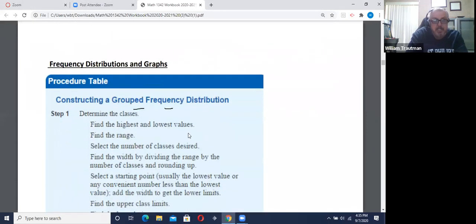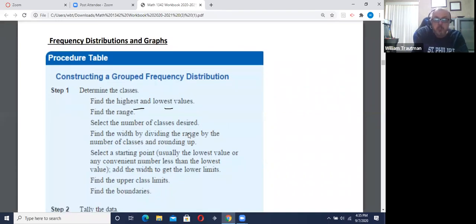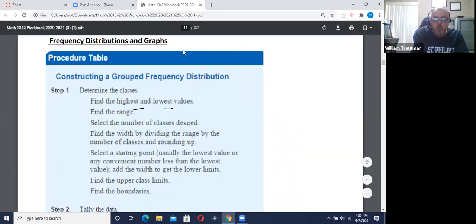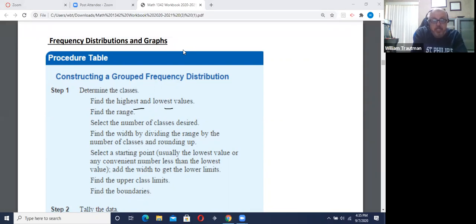So once again, this is the procedure. When I ask you, or the homework asks you, to create a frequency distribution table, you're going to come here and read the instructions. Step 1, find the highest and lowest values in the data.